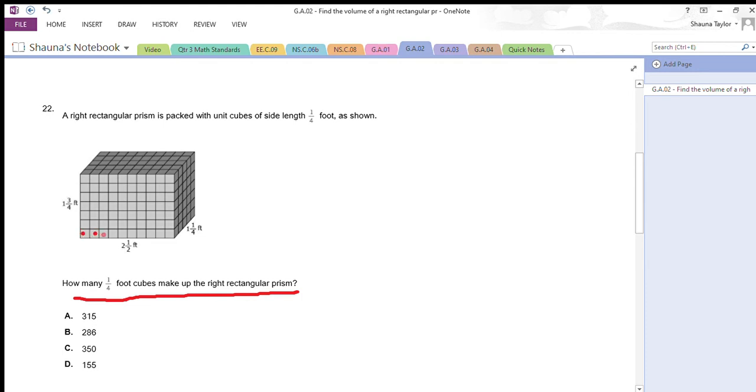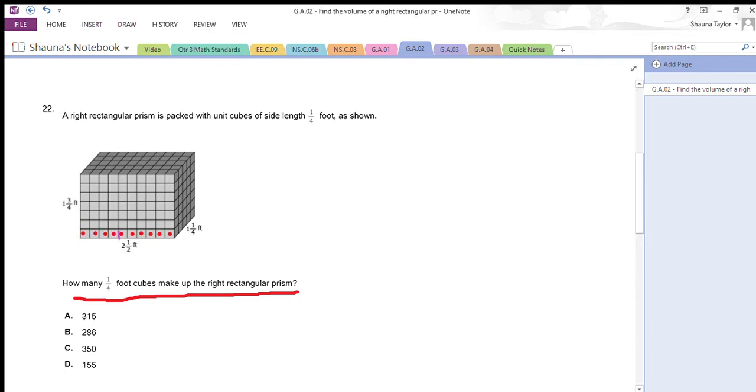1, 2, 3, 4, 5, 6, 7, 8, 9, 10. So there's 10 cubes this way, right? On this first row. So let's count. If this is 10, then these are 10, right? So this is 10. And let me get my highlighter. I think this will help.